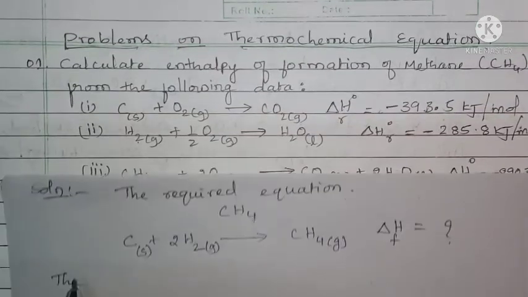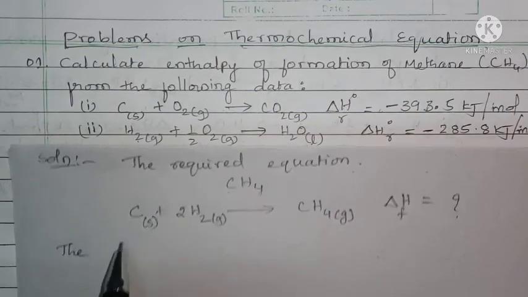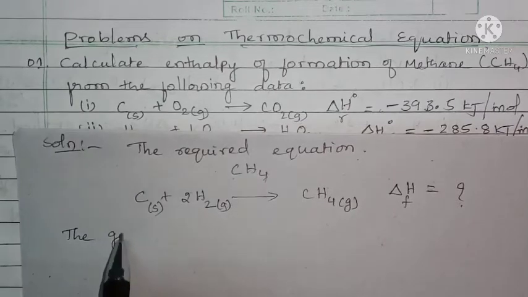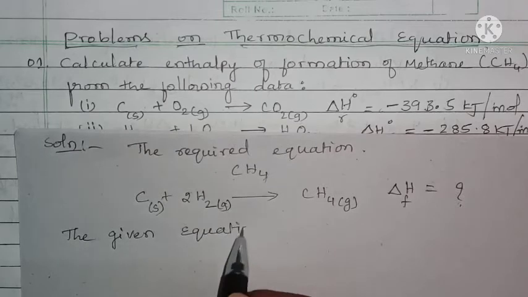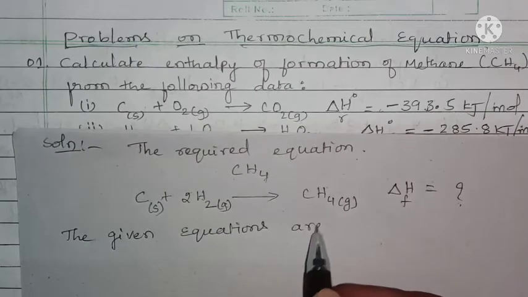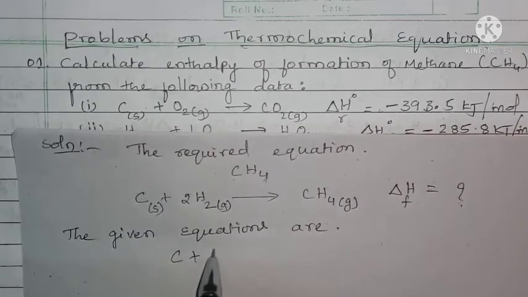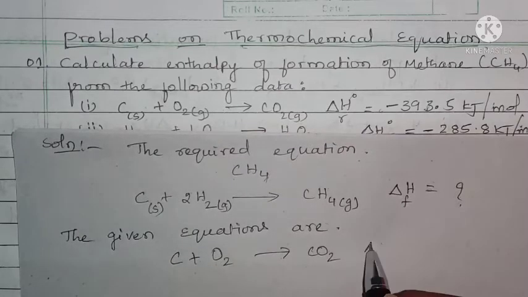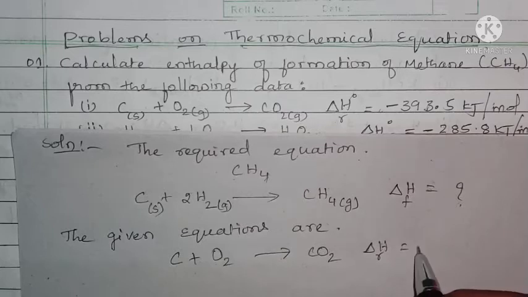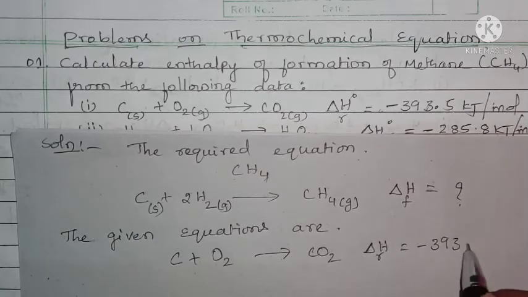Next, the given equations. The given equations are, first, C plus O2 gives CO2, delta H reaction is minus 393.5 kilojoules.